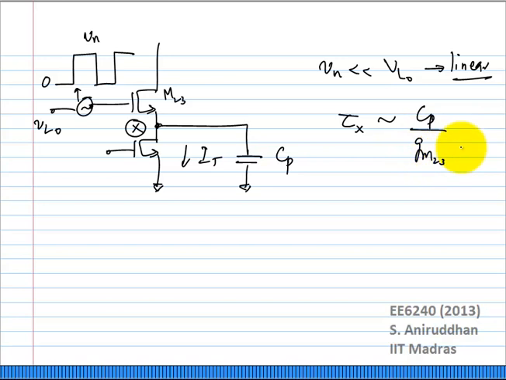Okay, and the assumption also is that if the parasitic capacitances are small, and because this Gm23 may be large enough, this is much smaller than the LO time period. Okay, in other words, what we are saying is that node X is charging and discharging much faster than the LO frequency. That is normally a valid assumption.